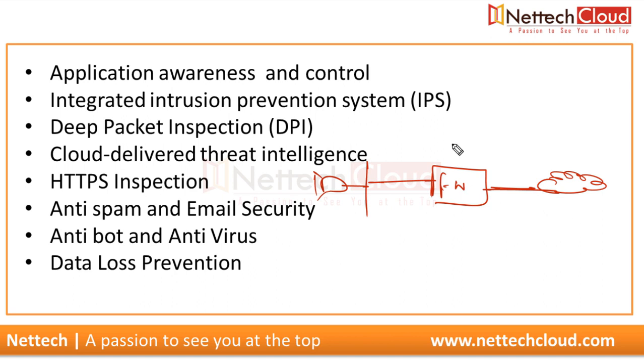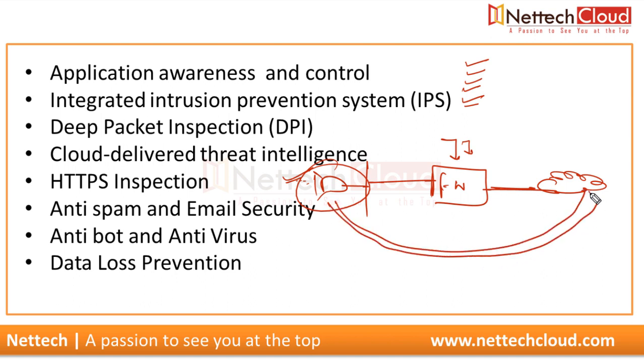Let's say I have used IPS profile or vulnerability protection, anti-spyware, antivirus, advanced malware protection, everything is in place. But what if the communication is secure, an SSL tunnel? I mean, if this client is allowed to build a secure tunnel, an end-to-end SSL tunnel, secure socket layer.